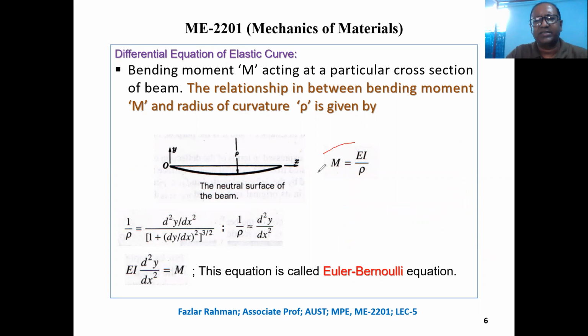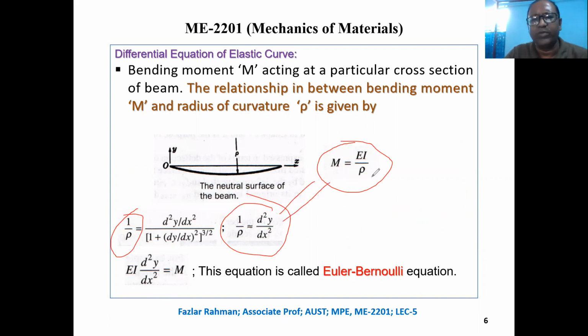That's why we bring bending moment: M equals EI times 1 by rho. Then we know 1 by rho equals this. Now if you put the 1 by rho value right over here and simplify, you'll get this equation.